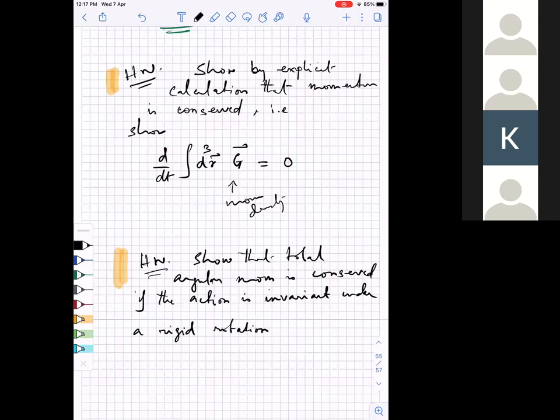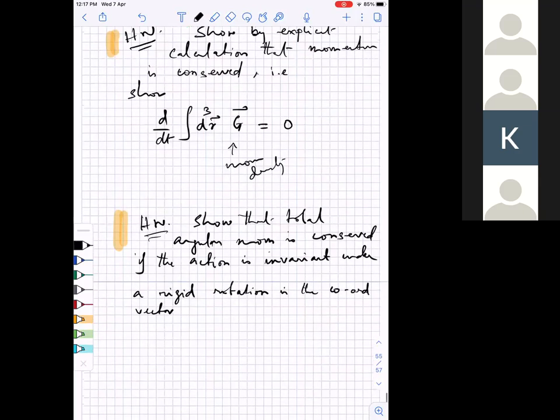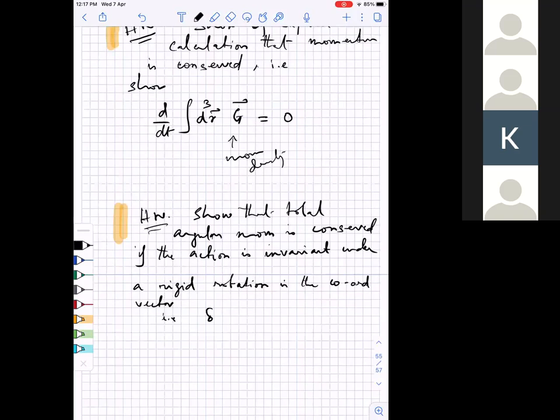Rotation in the coordinate vector. That is, delta r is equal to delta omega cross r. So if you have everything rotated by the same amount, then you have to show that the action is invariant, and then you show the angular momentum is conserved.